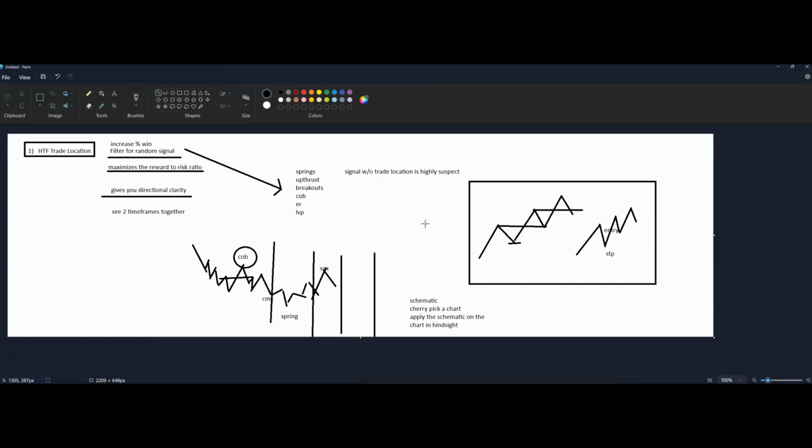Now there are ways to get that trade location based on real factors of supply and demand. Real factors of supply and demand, and not just arbitrary, this is a retracement of 58% or this percent or that percent or this fib, but actual, real, quantifiable data that will show you trade location.